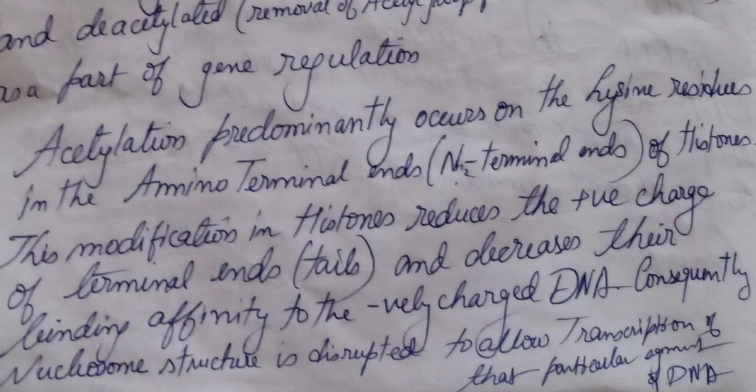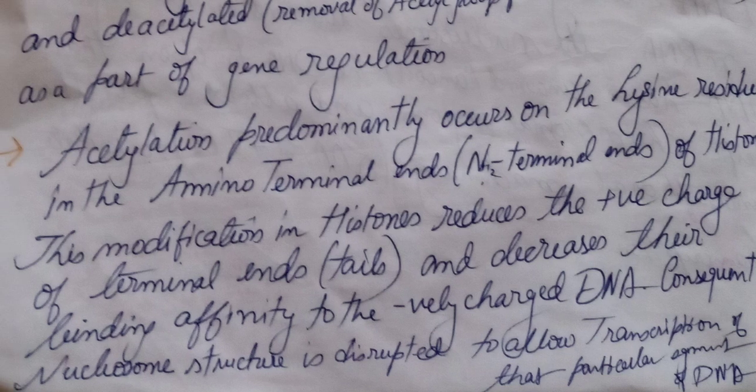Lysine and arginine are positively charged amino acids. I may be right, for verification just look at the internet, but I am mostly sure that lysine and arginine are positively charged amino acids.